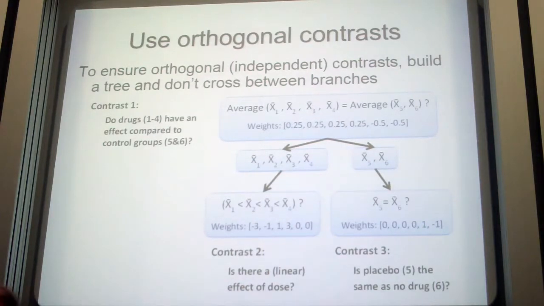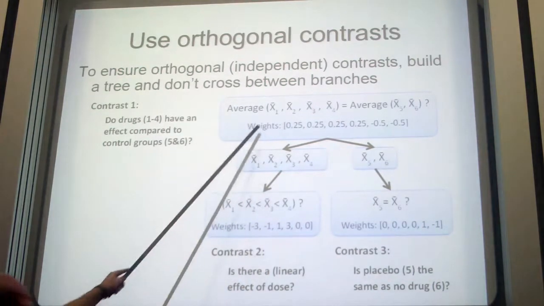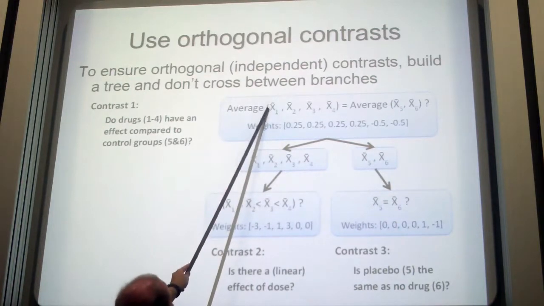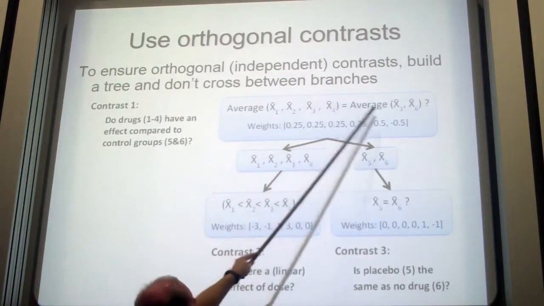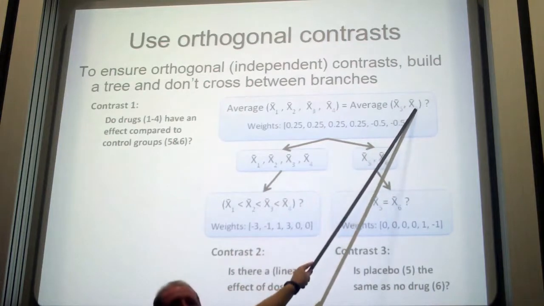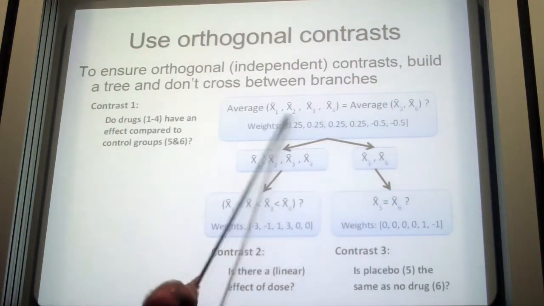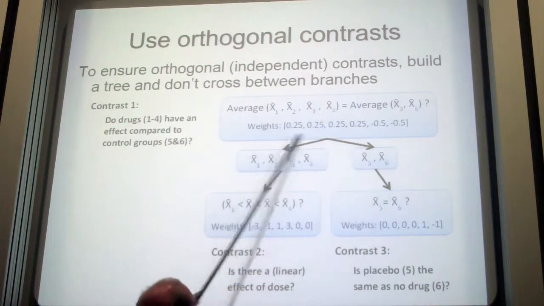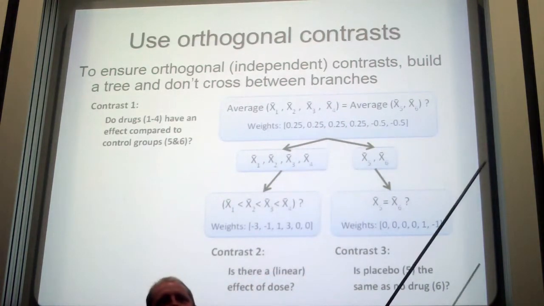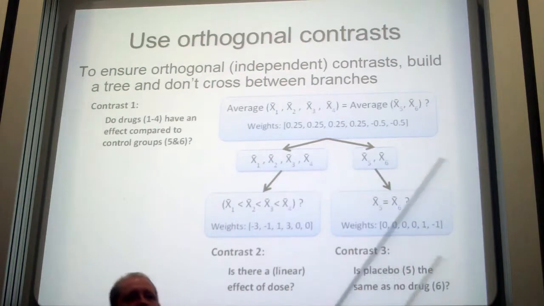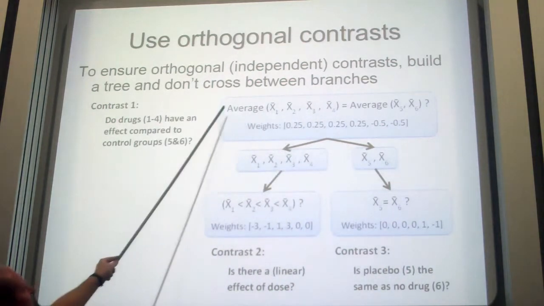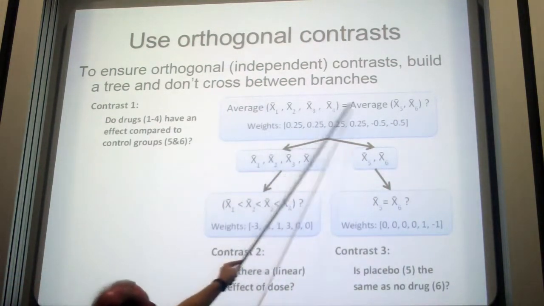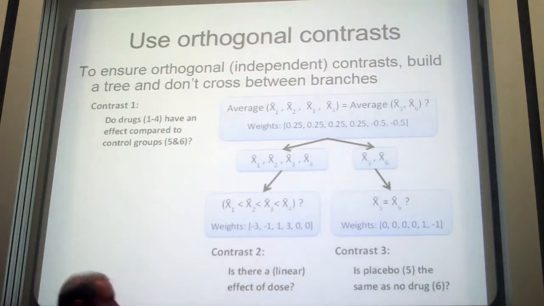Contrast we're going to compare against a value of 0. So the weights are quarter, quarter, quarter, quarter, minus a half, minus a half. We multiply each of these values by the weights, and we're going to ask if it equals 0. So that's our first question: does the average of these equal the average of that?